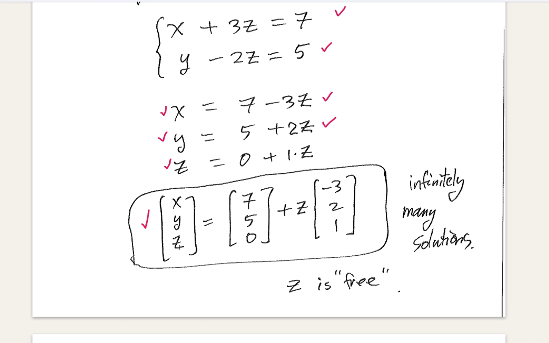So that's my solution vector, is what some people would say. This is actually equal to, see the constants here, 7, 5, 0, plus z times, I'm factoring out z from all of these, z times negative 3, 2, 1. Z is free. So you generate a solution for every choice. It's up to you, choice of z.